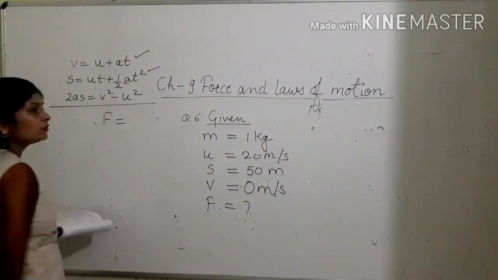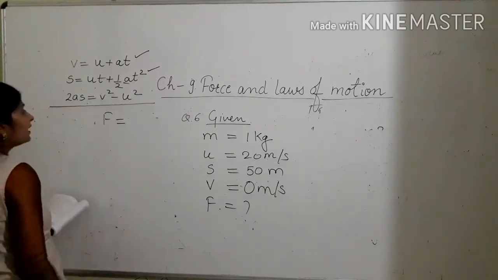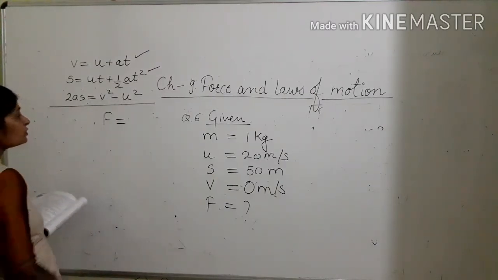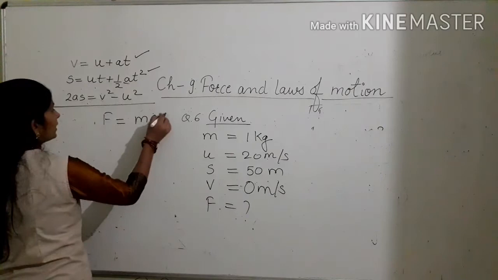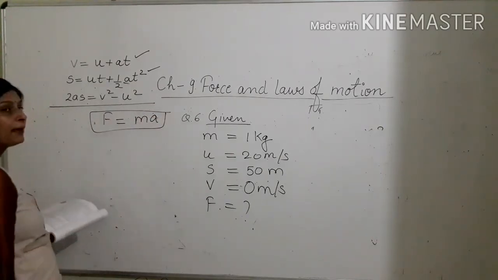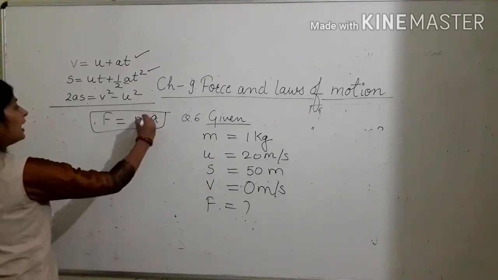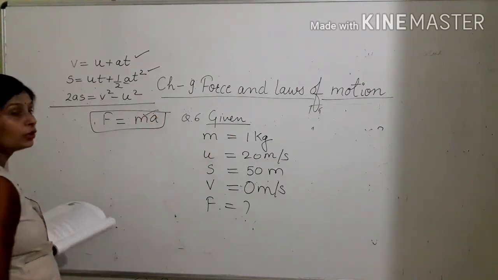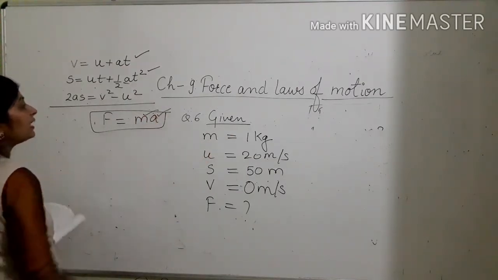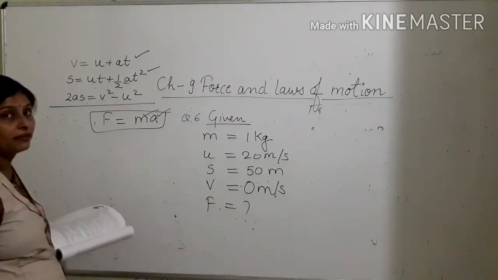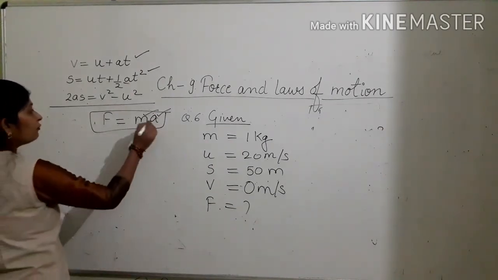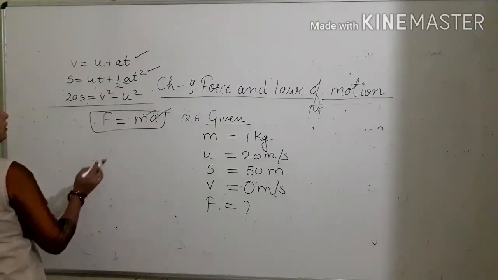For finding force, we apply the equation for force, that is F is equal to ma. For applying this equation, we need m, that we have, 1 kilogram. Then we need a, acceleration, which we don't have. So first of all we have to find a, acceleration.